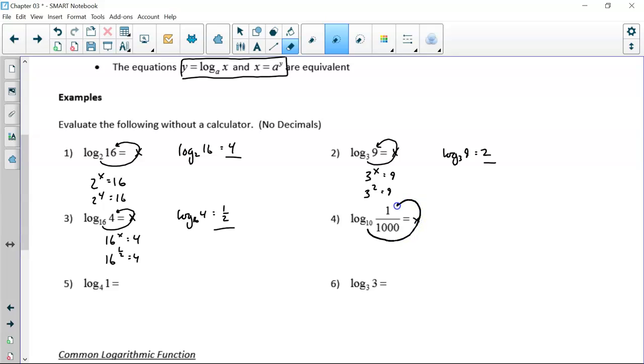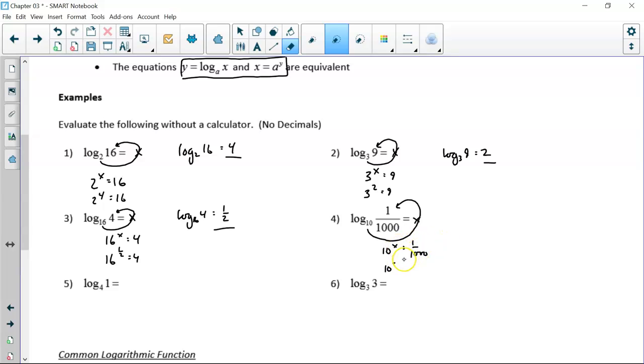10 to the power of x equals 1 over 1,000. Now, to go from a whole number to a fraction, or vice versa, we have to think about the reciprocal, a negative exponent. So we're going to 10 to a negative number.